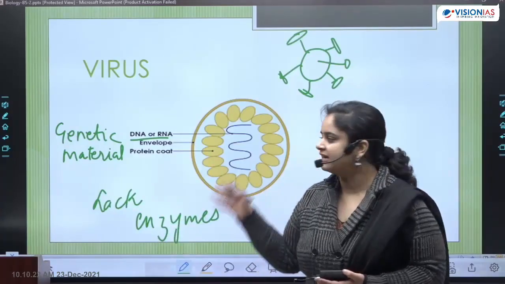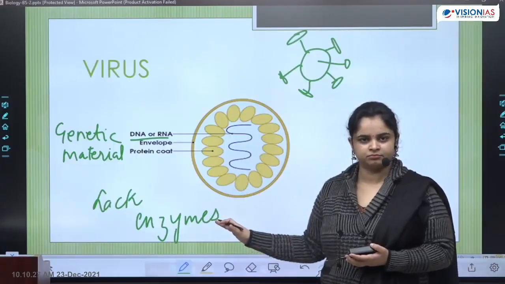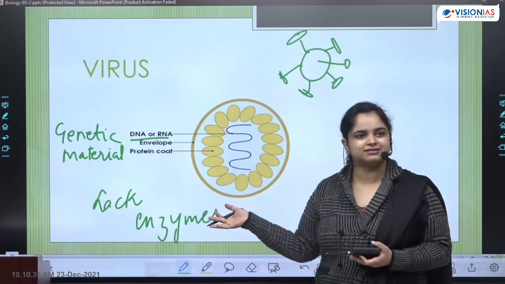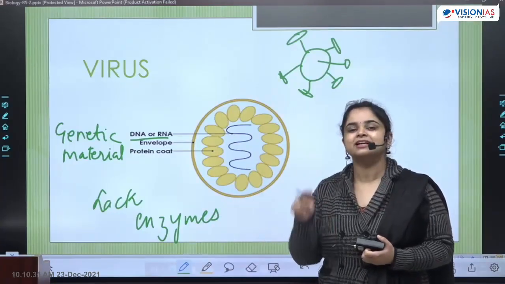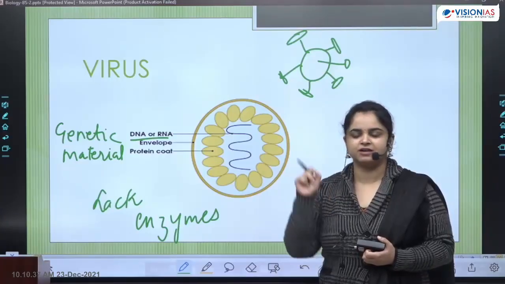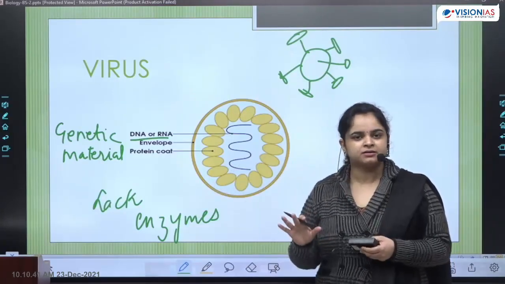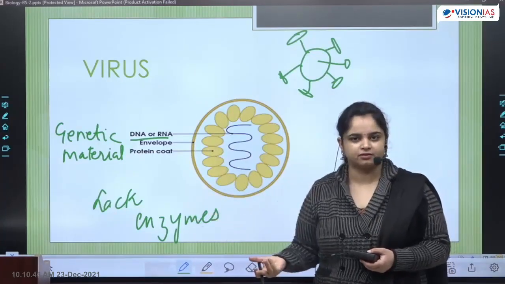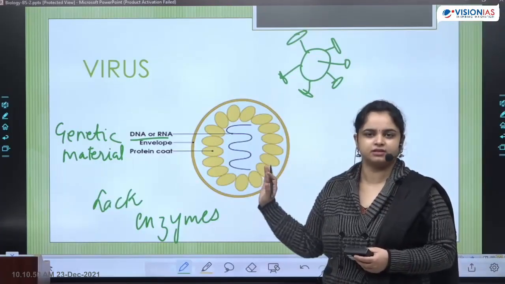But it will need a living medium. If we have to grow a virus in the lab, we can, but the medium cannot be an artificial medium. Artificial medium means we just put in some chemicals, say glucose, and we can grow bacteria on that, because bacteria has its own complete system. Bacteria has everything.